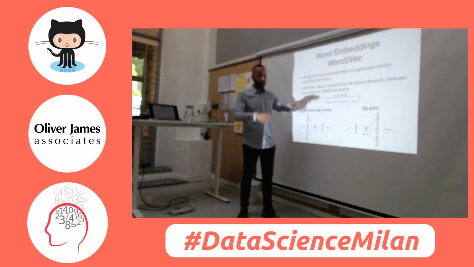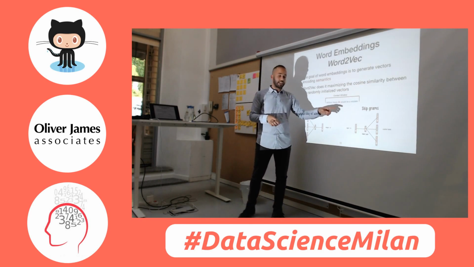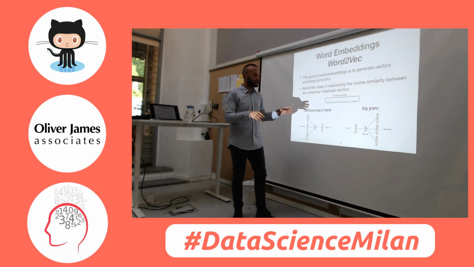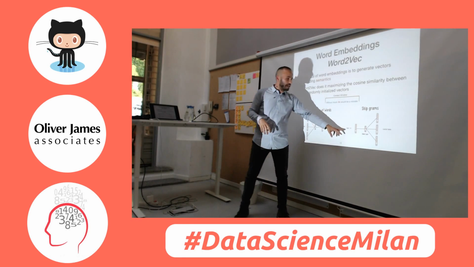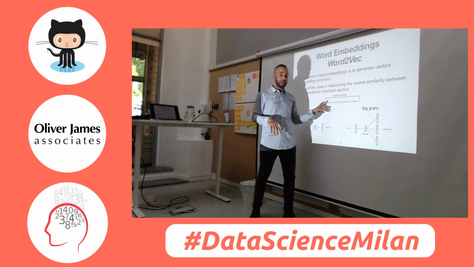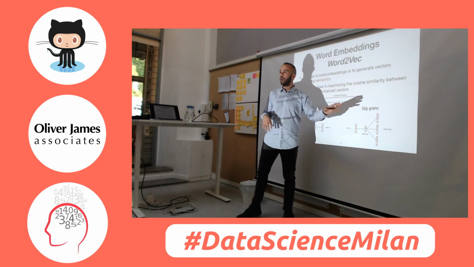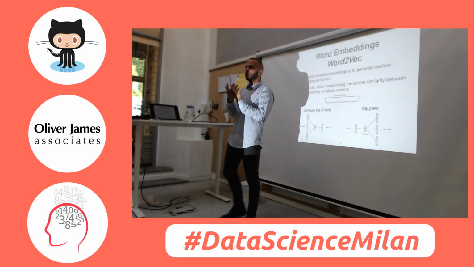So we take the context, and we're trying to predict the word. And in the other architecture, called skip-gram, we do exactly the opposite. The input is going to be the word life, and the output is going to be the context. So given life, I'm going to try to predict the whole context. And that's pretty much what's behind Word2Vec.